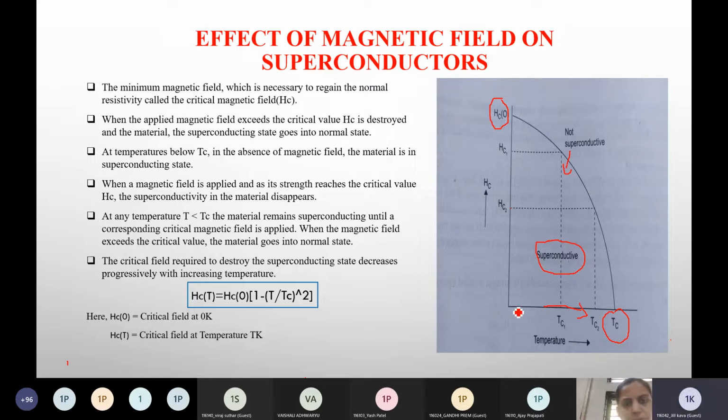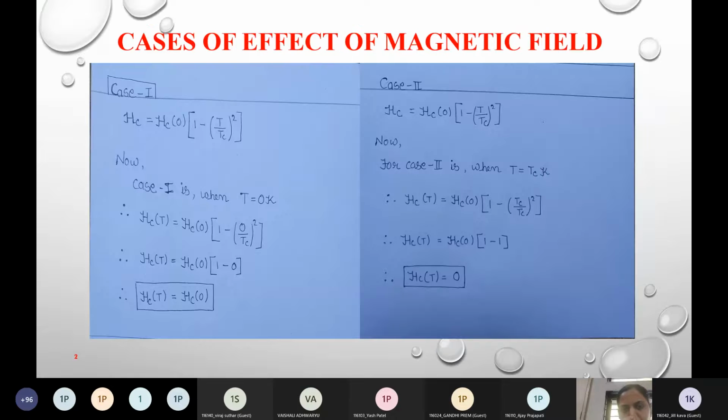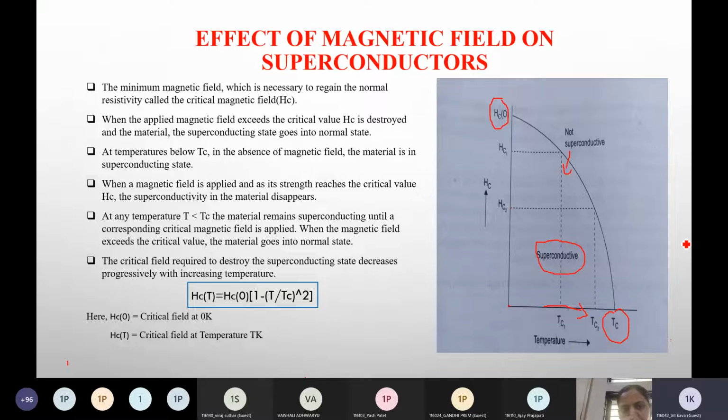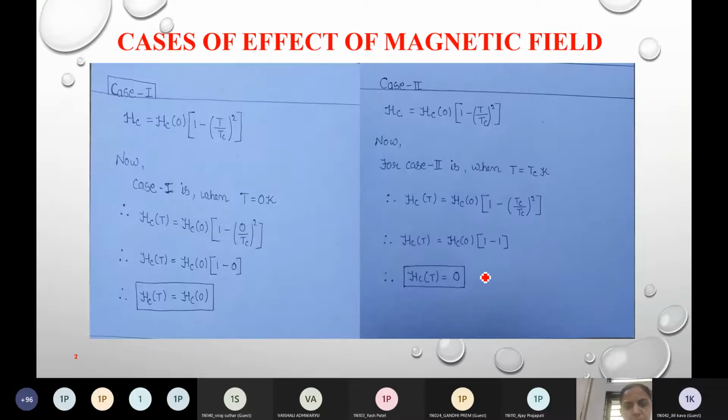So here in this graph, when temperature is at 0 Kelvin, we are getting Hc of 0 equal to Hc of T. Hello, ma'am.